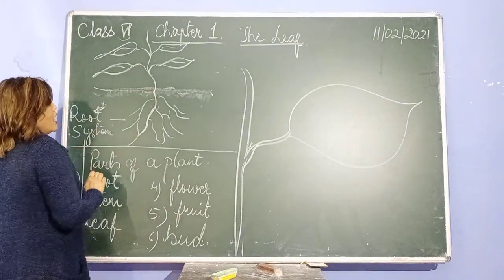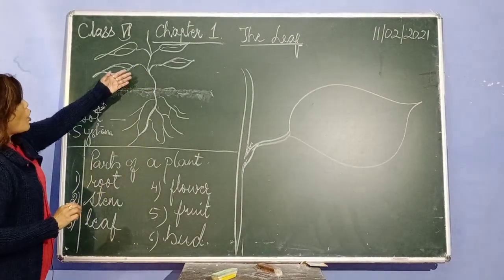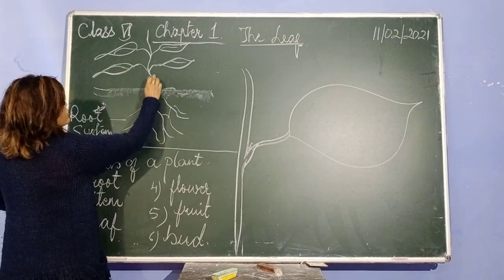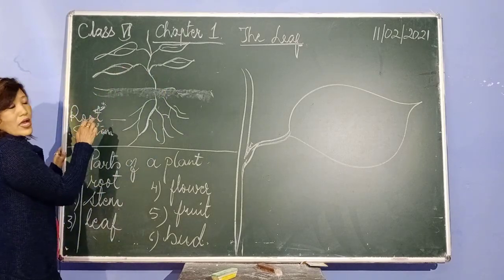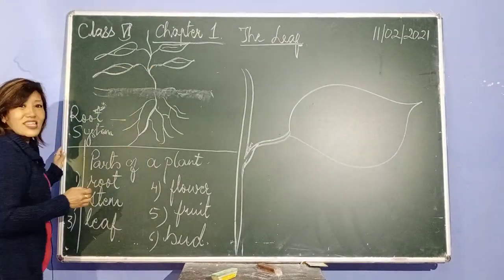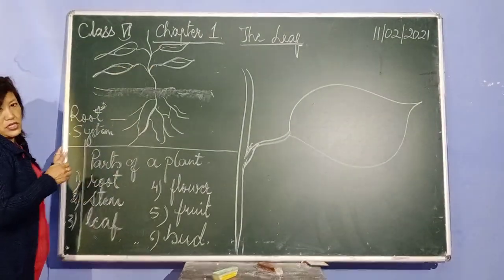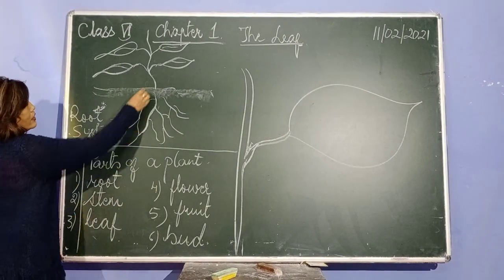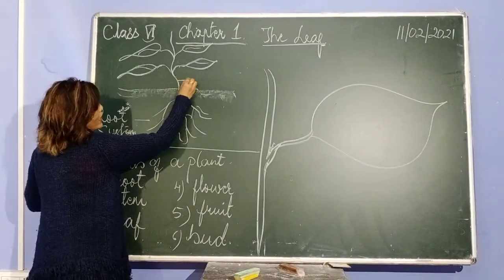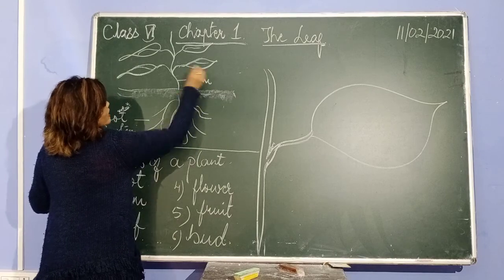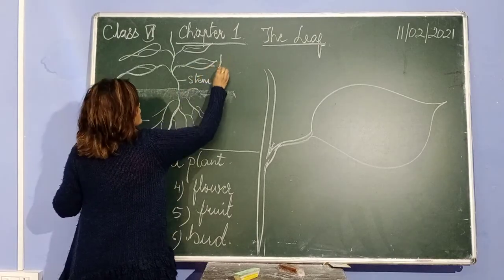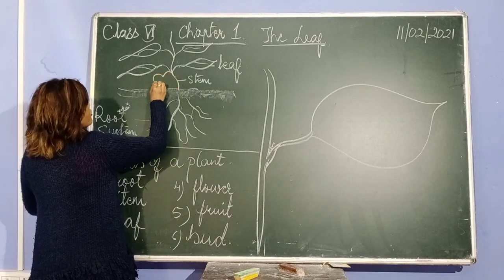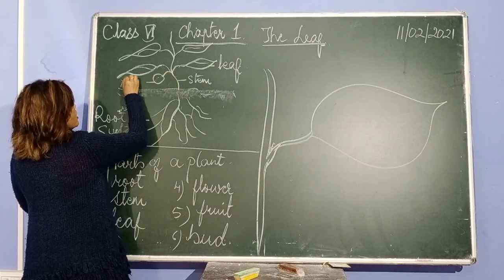Is that clear? And so this shoot system, the part of the plant that grows above the soil, consists of different parts. So what are the different parts of the shoot system? They are stem, right? This is the stem. Then another one is leaf, right? Then let me draw some fruits out there, which is a fruit.